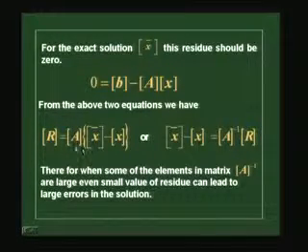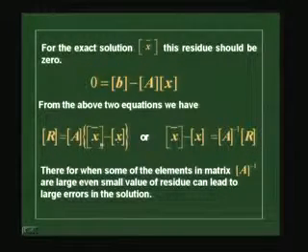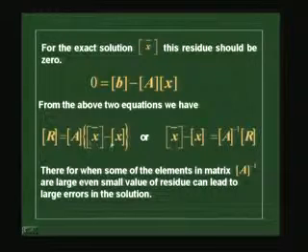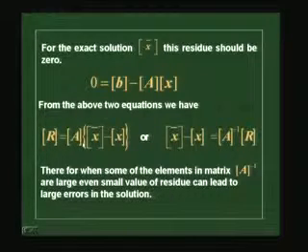Depending upon the A matrix, it's possible that even a small deviation of the solution from the exact solution can give you a large residue. That depends very much on the A matrix. Or the deviation of the solution is equal to A inverse of the residue.